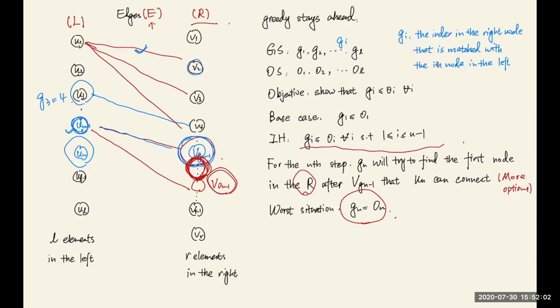For another strategy, it could choose this one or this one or this one, as long as it can make a valid solution. So I think the first step is usually determined by your definition of the greedy strategy.